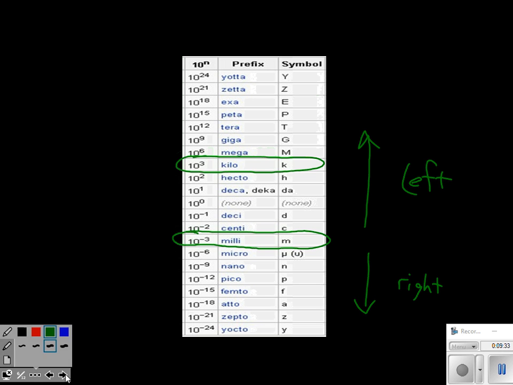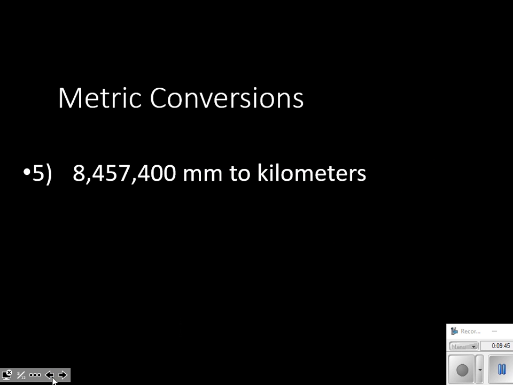So what I need to do, I come back to here, and I need to jump 6 to the left. My decimal's right here. 1, 2, 3, 4, 5, 6.